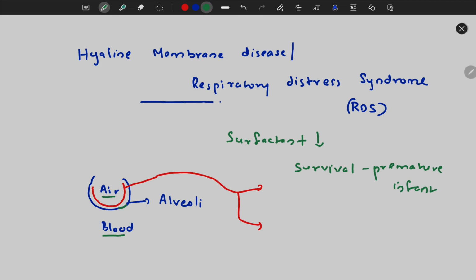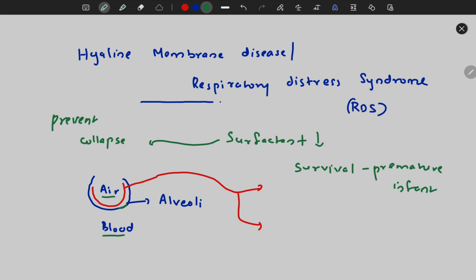Actually, the surfactant will reduce the surface tension to prevent the collapse of the alveoli. To prevent collapse, surfactant plays a very important role. So if the surfactant is deficient, the surface tension will rise and during expiration the alveoli get collapsed.